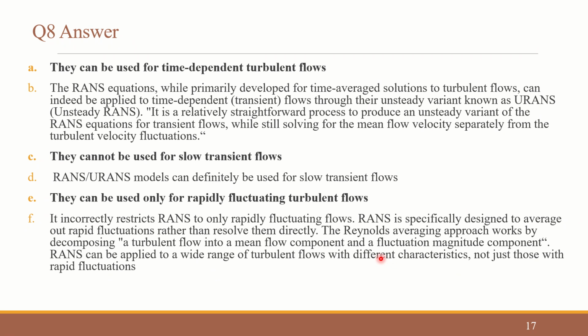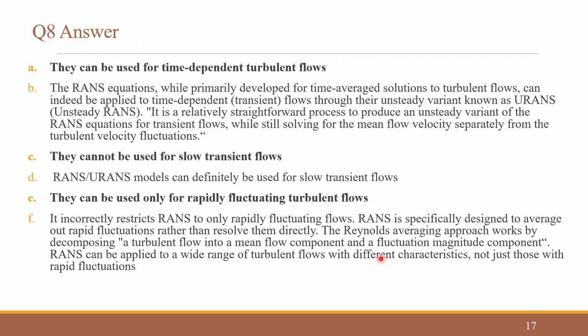So, I hope you are clear. The RANS or URANS, that is unsteady RANS, is designed for averaging out the fluctuations. We are not resolving any of the fluctuations directly, rather we are averaging them out, and it works by decomposing a turbulent flow into two components.